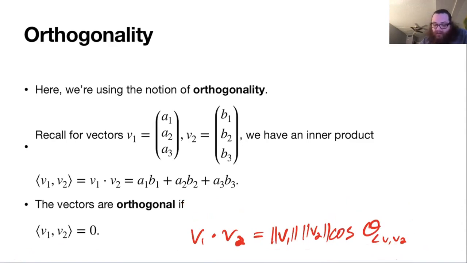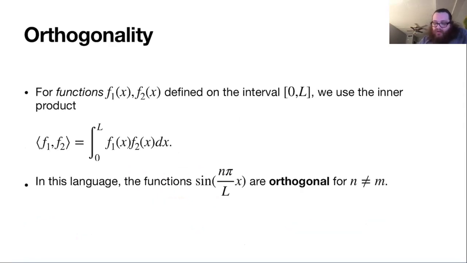Okay, great. So what we do for functions is we do the same thing. We say two functions are orthogonal if some expression like this holds. And so the question is, what is the corresponding thing for functions, instead of this sum of values of the vector?